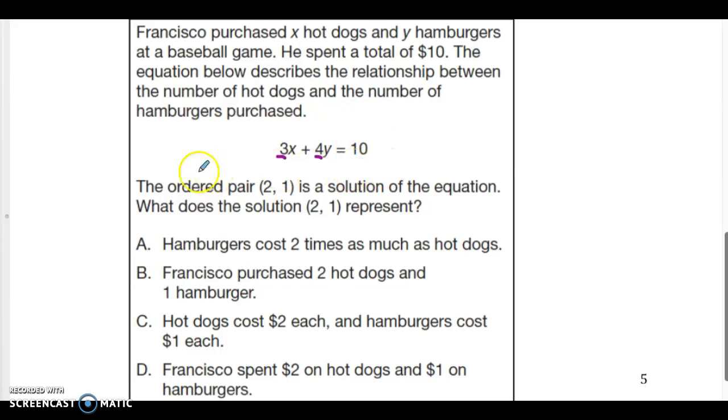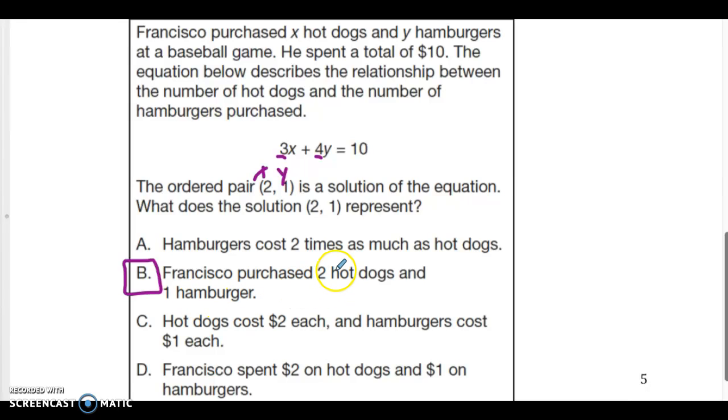So they're telling us that an ordered pair 2, 1 is a solution. What does that mean? Well, think about 2 representing your X value and 1 representing your Y value here. So what does that solution represent? Well, in this case, it is going to be the only option of B, that Franco purchased 2 hot dogs and 1 hamburger.